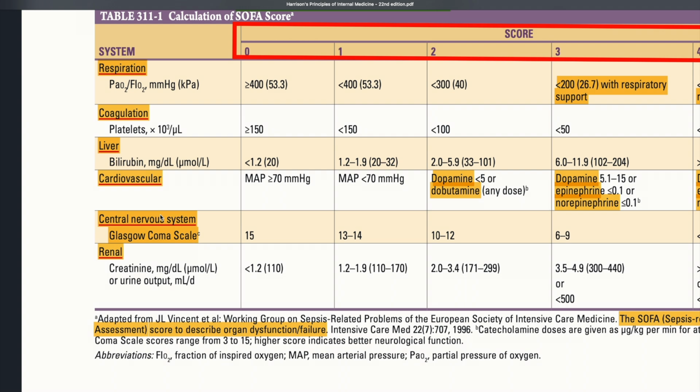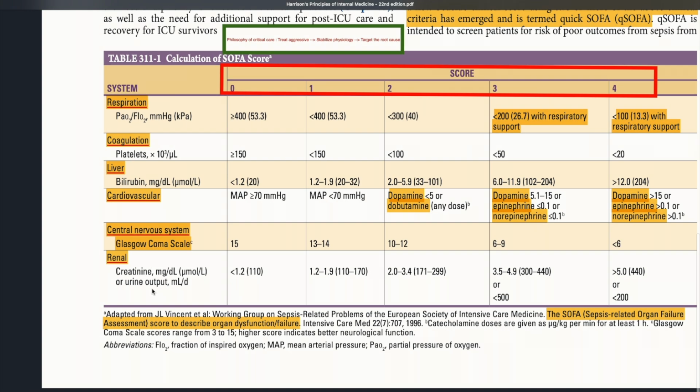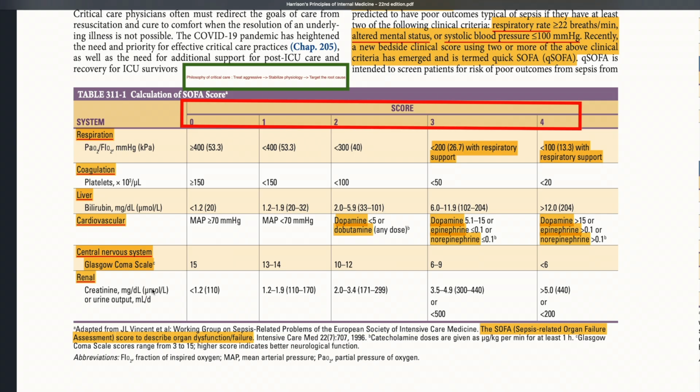Then CNS system is based upon the Glasgow Coma scale, and the renal system is based upon the creatinine and urine output. You can even take a screenshot of this scoring system, which may be useful for your exams or other things.